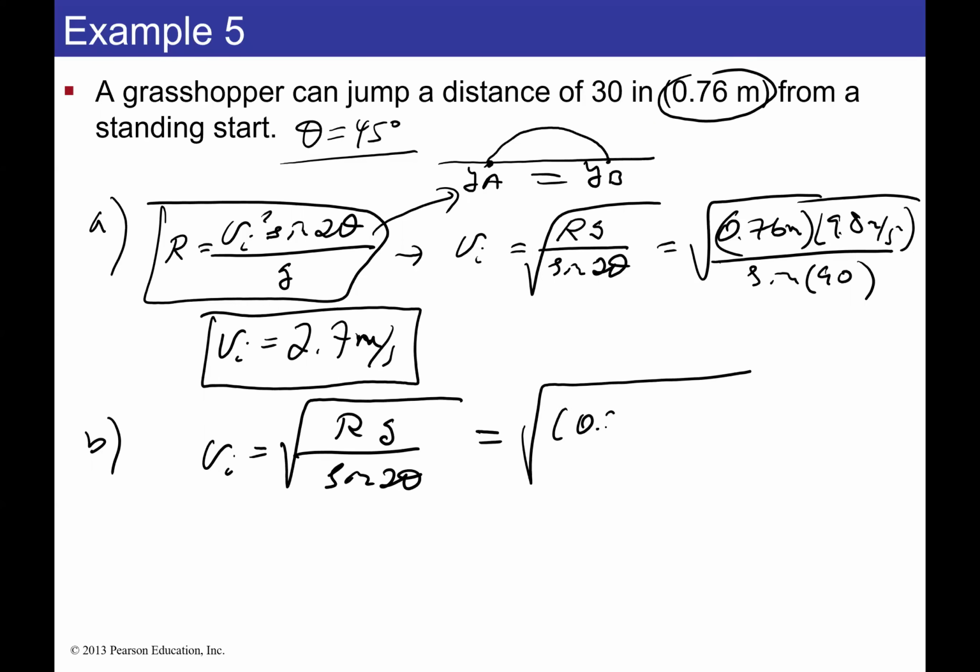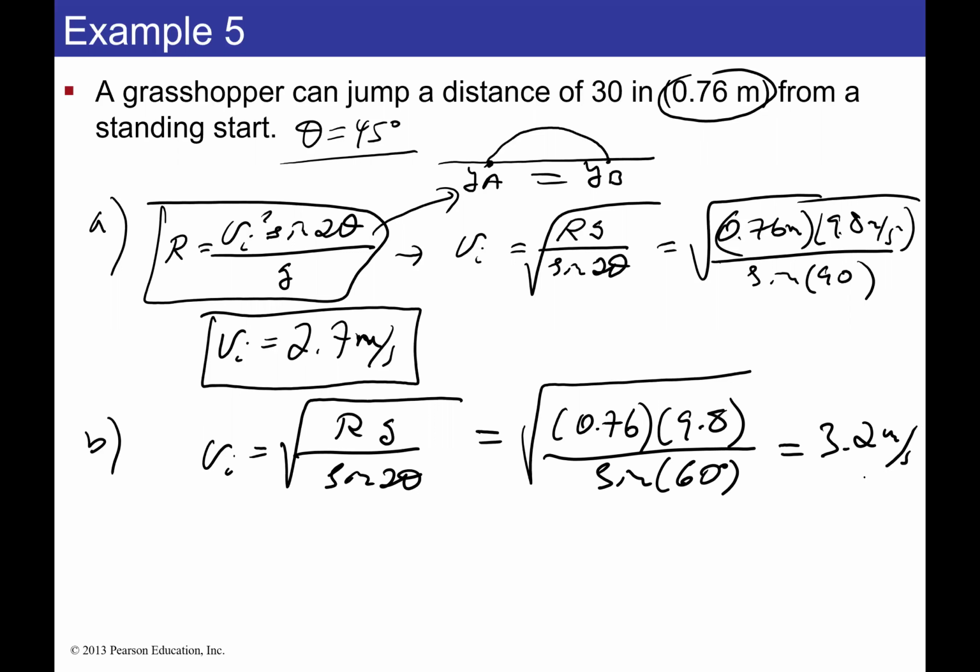We still want the 76 centimeter distance, but with a 30 degree jump, so 2 theta is 60 degrees. We're going to see that in order to achieve the same distance, it has to jump at 3.2 meters per second rather than 2.7. That means the initial speed should be faster so that it actually reaches the same distance. So that's basically part B.